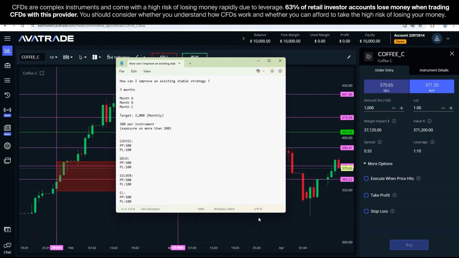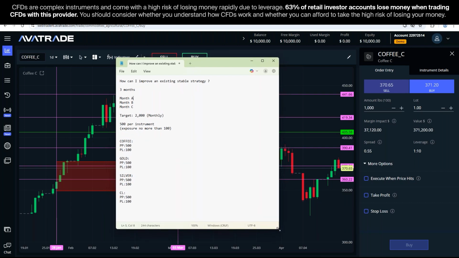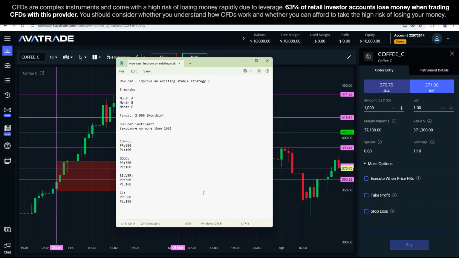Now, by the way, this is one strategy out of many strategies, just an example. A strategy should be equipped with a certain level of analysis, risk money management, and margin comparison, which is what I showed you here today.